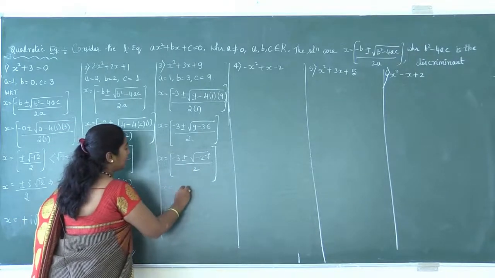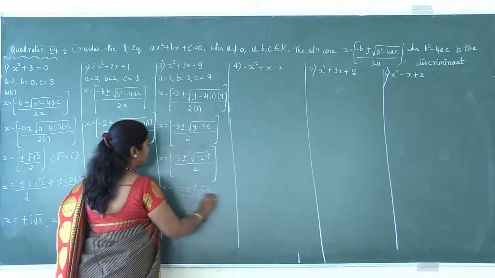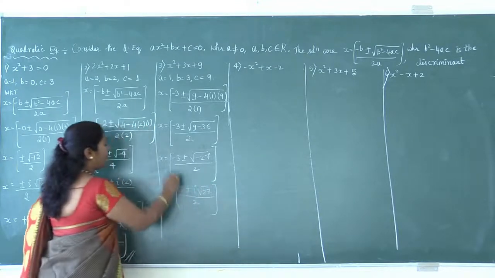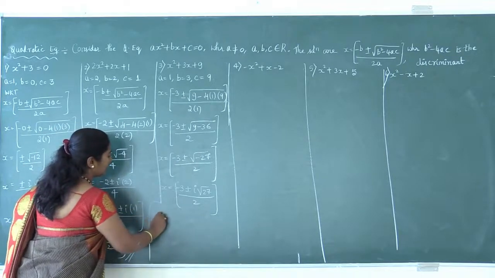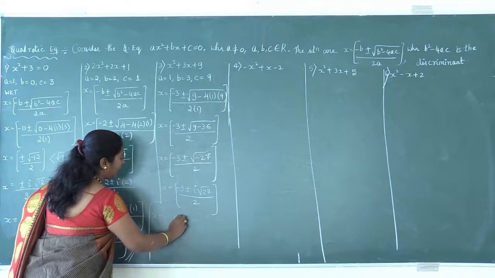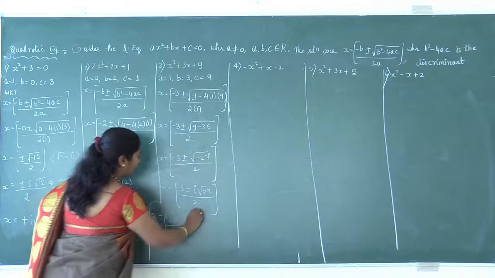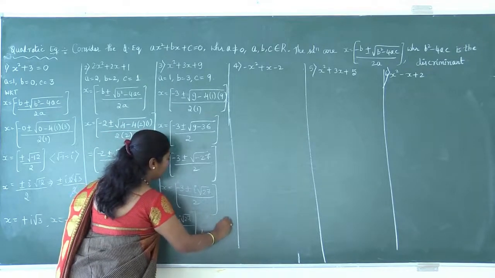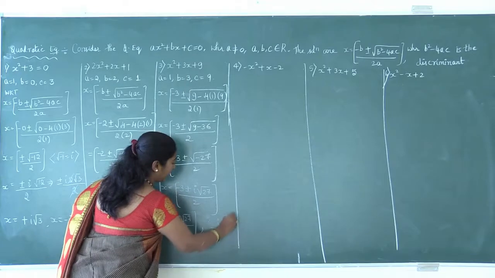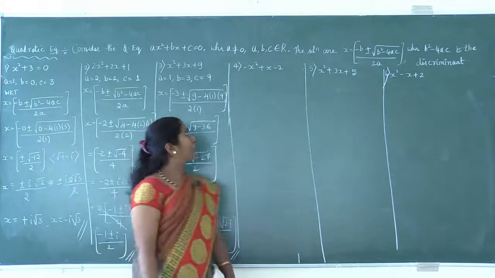So x is equal to minus 3 plus or minus i into root of 27 by 2. Here we have two solutions. One solution is x is equal to minus 3 plus i root 27 divided by 2, and the other solution is minus 3 minus i root 27 divided by 2. This is the required concept.